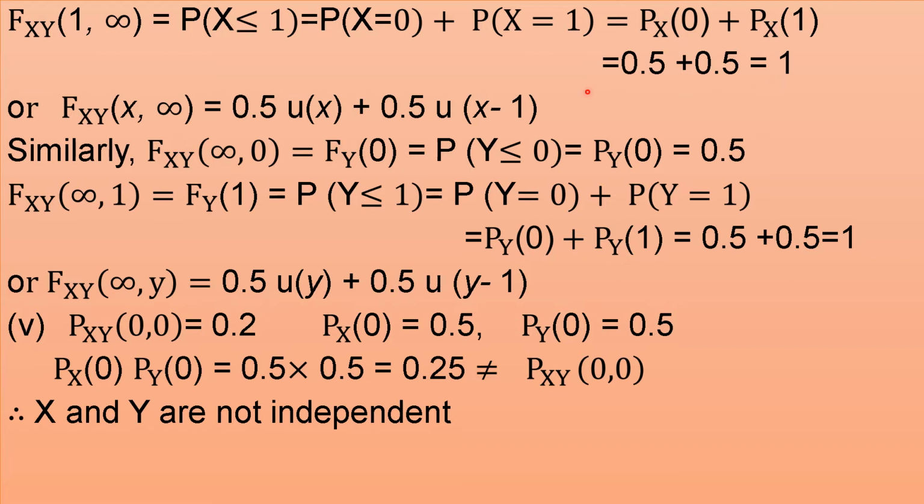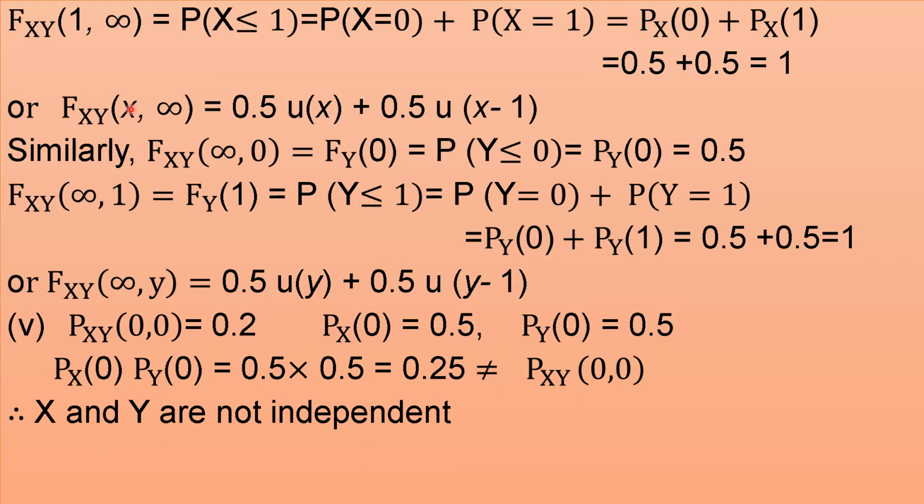Now if we go for the marginal CDF fxy of x comma infinity, which is already calculated, we can write it in terms of the unit step function. Possible x values are 0 and 1.